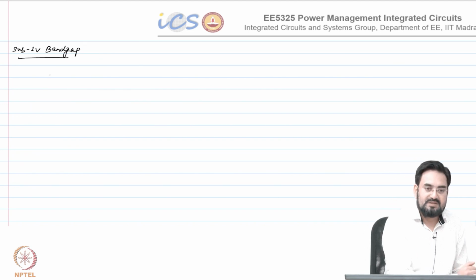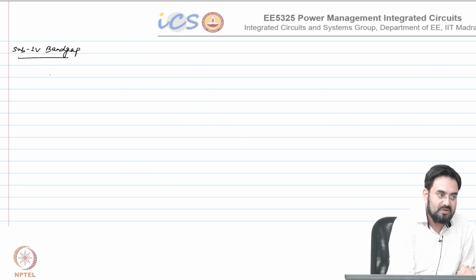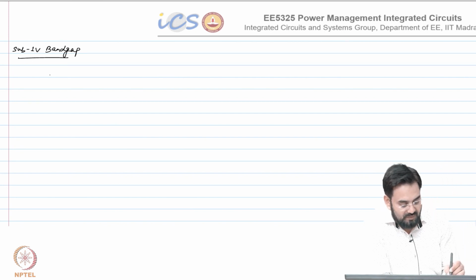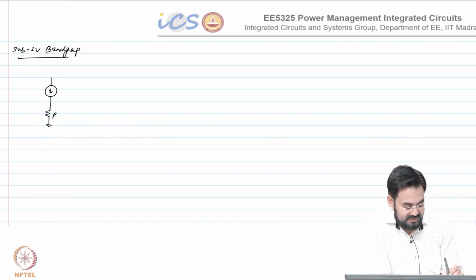So, we know that for sub 1 volt band gap you have to scale both delta VB and VB and add them up. So, what we need to do, we need to first convert into current. So, we need two currents. And let us say I call this resistor as R3.